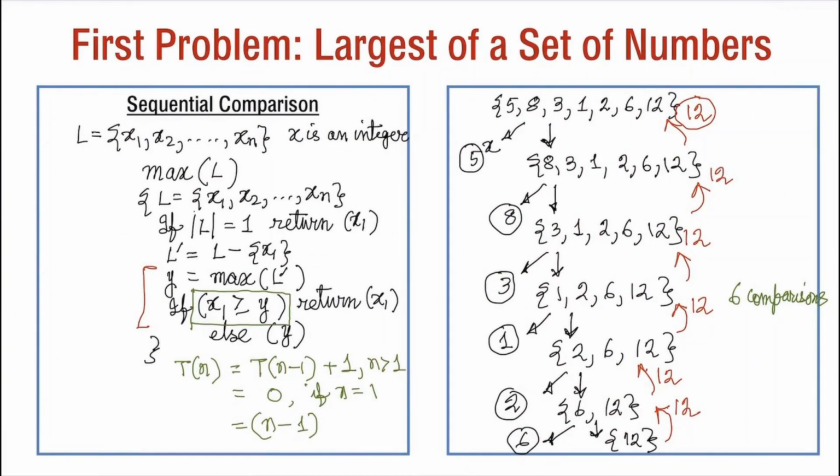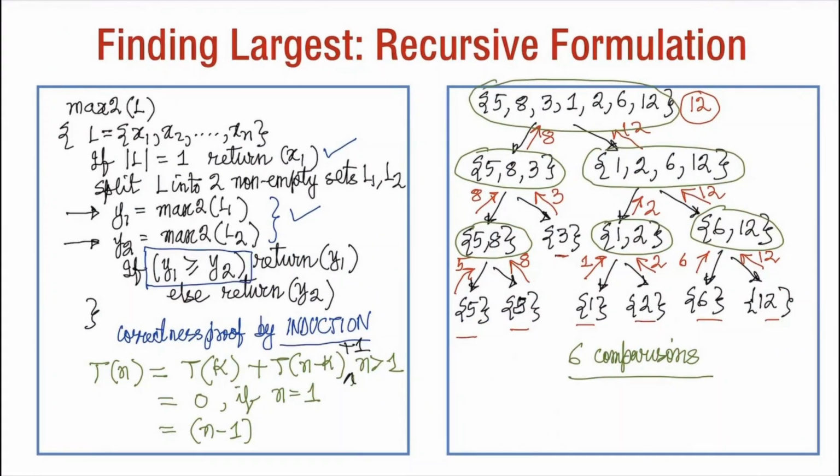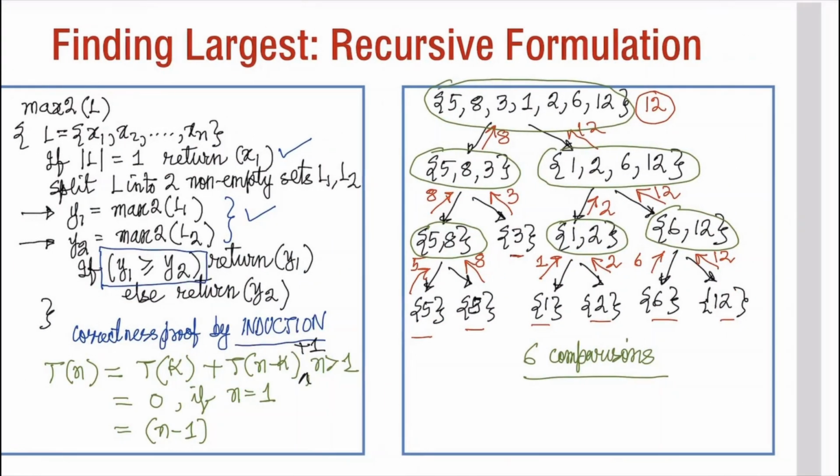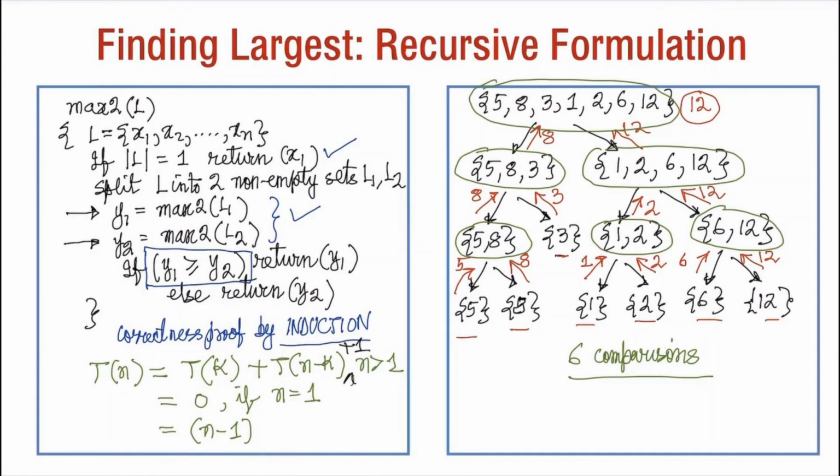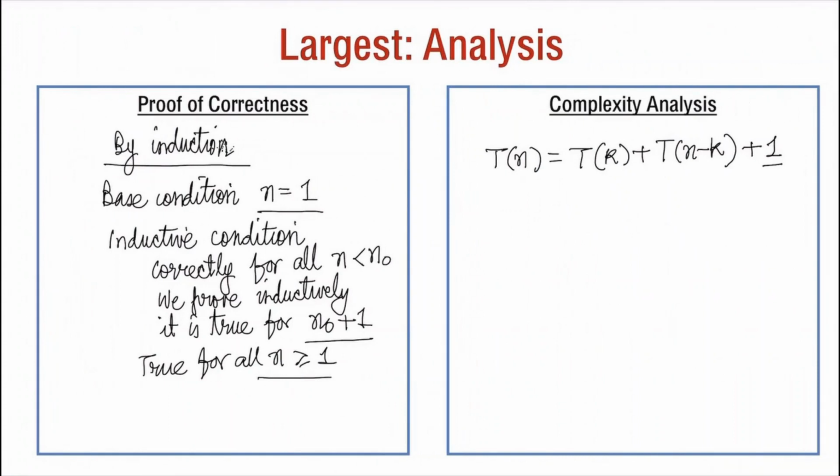Here it was Tn minus 1 plus 1, here it is Tk plus Tn minus k plus 1, where this plus 1 is the comparison of y1 greater than or equal to y2. And this is for n greater than 1, and it is 0 for n equal to 1.